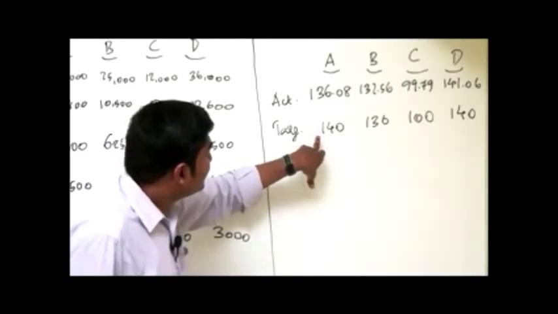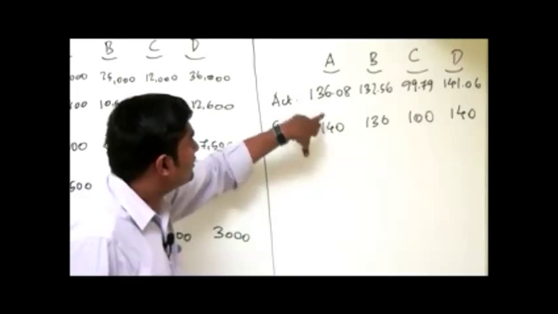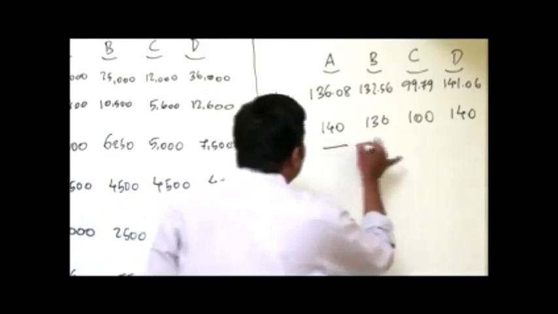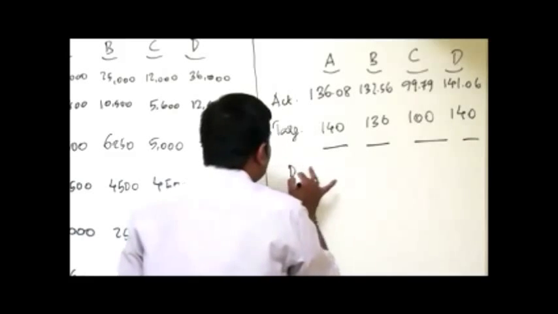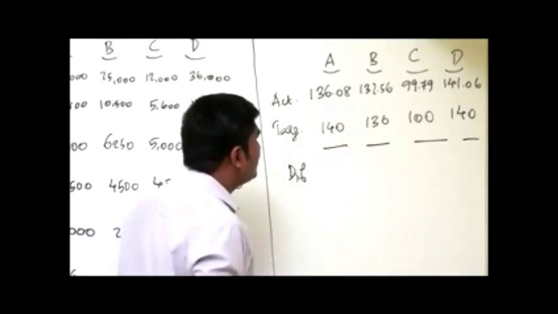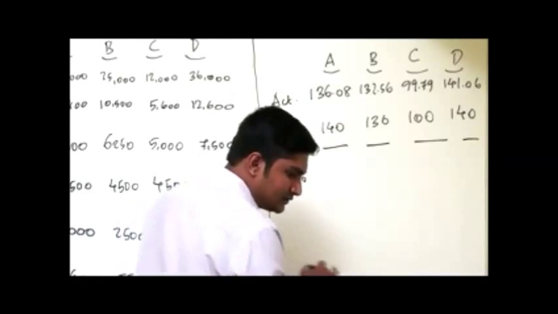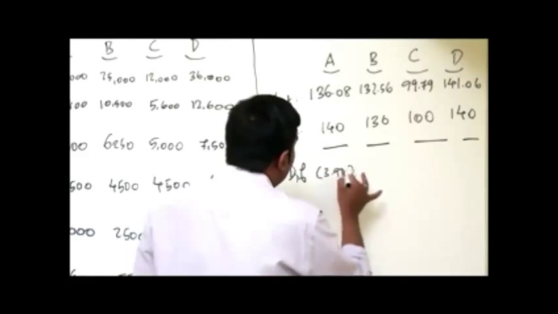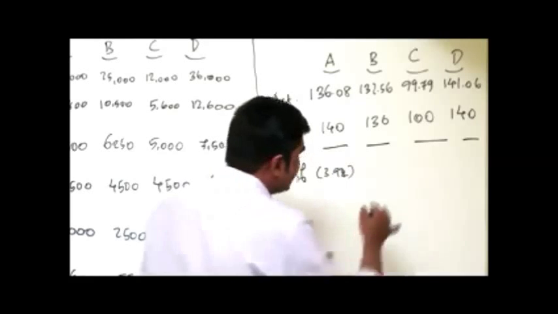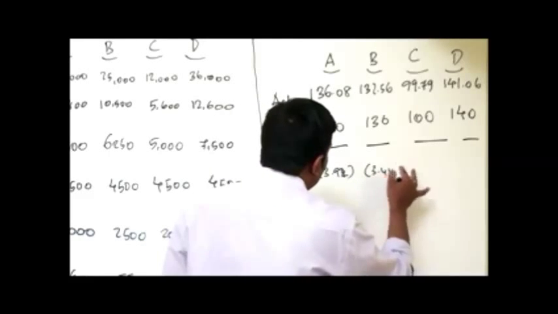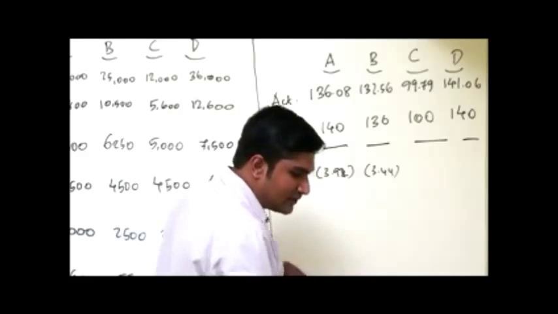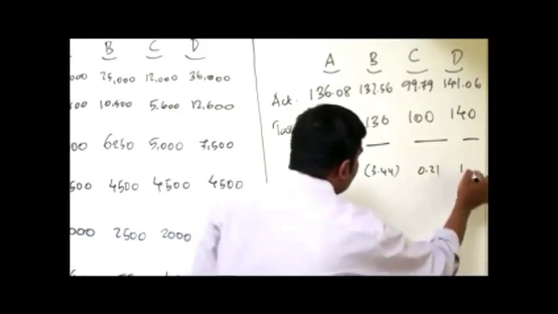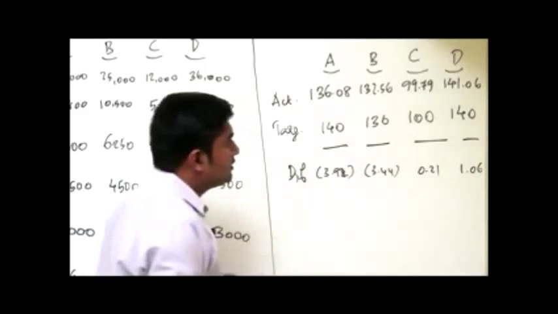So here, as the actual cost is lower than 140, let us calculate the differences between this actual cost and targeted cost. For A it would be negative 3.92, B negative 3.44, C negative 0.21, whereas D would be positive 1.06.